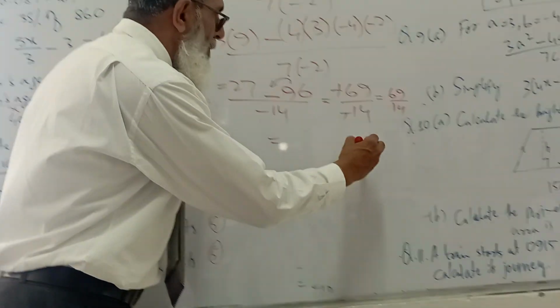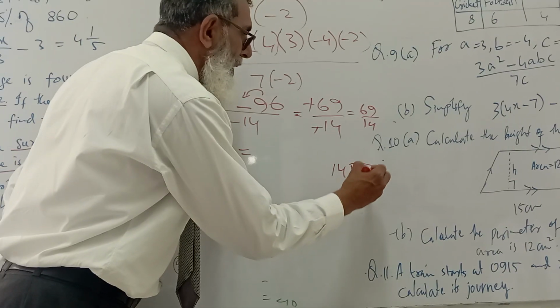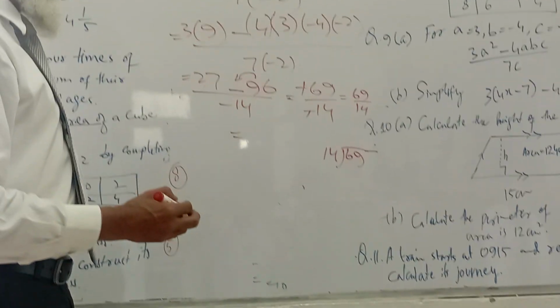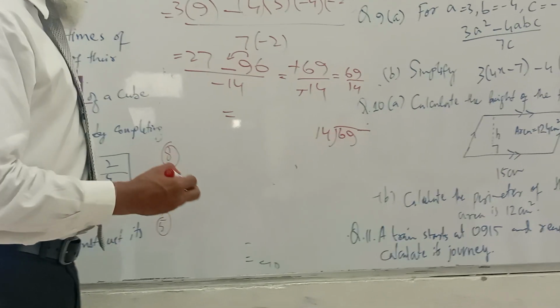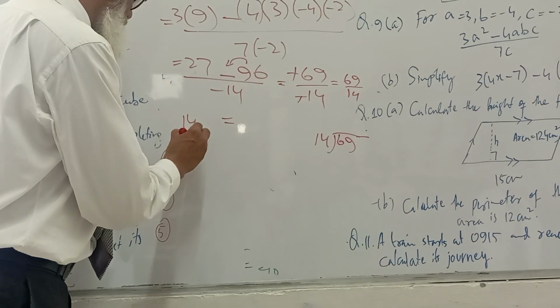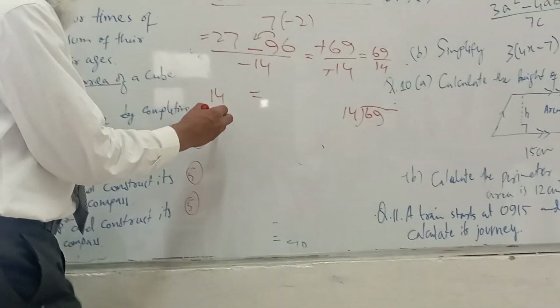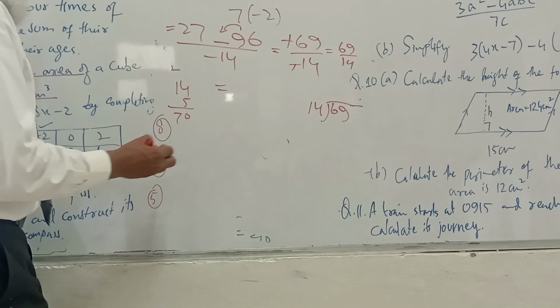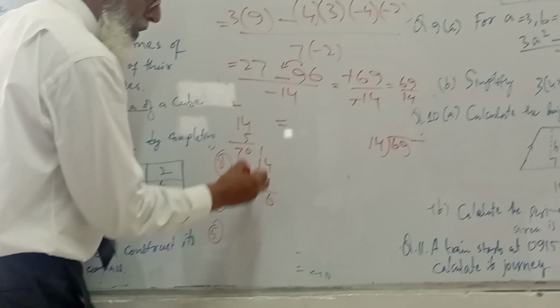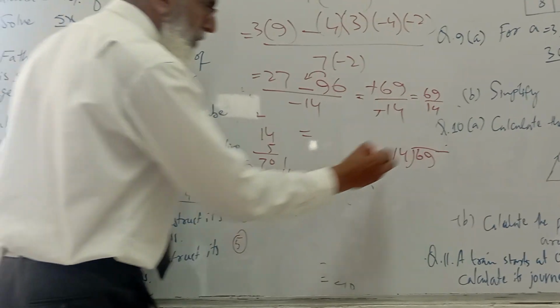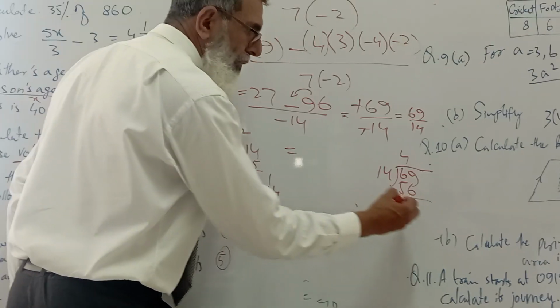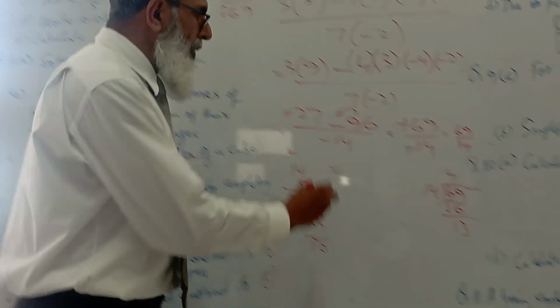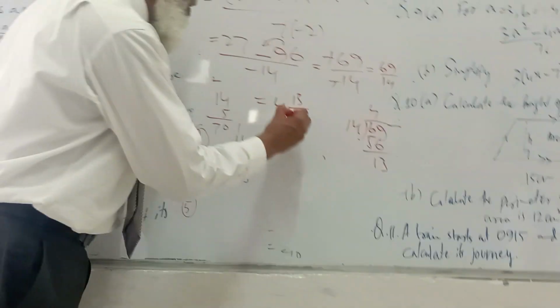How do we do it? 14 times what is near 69? 14 fives are 70, which is too big, so 14 fours are 56, which leaves 13. So we can write it as 4 whole 13 by 14. This is your answer.